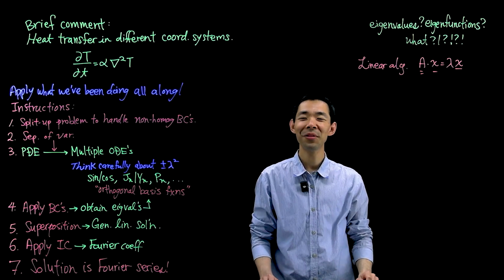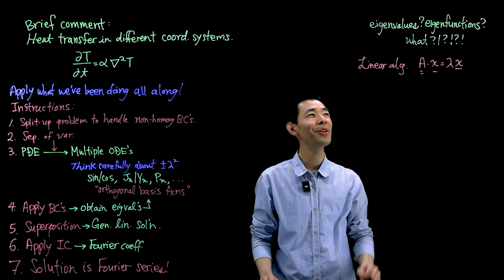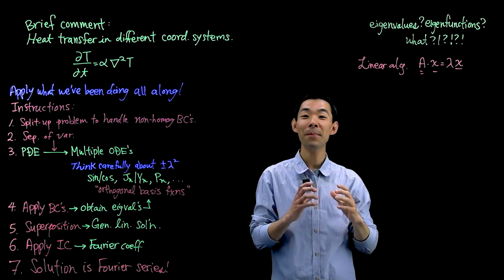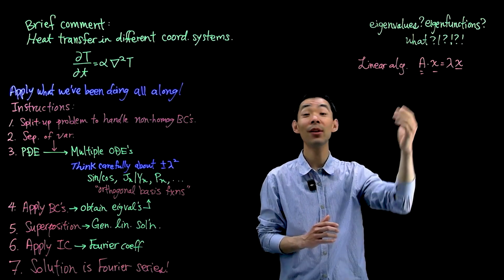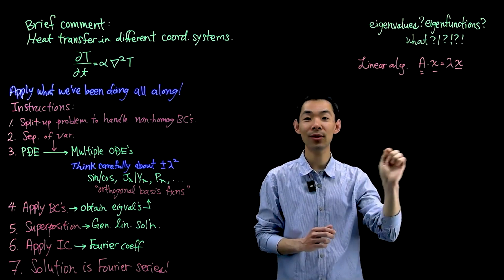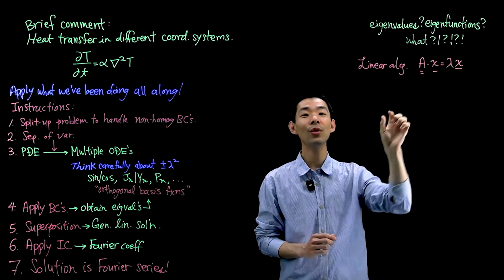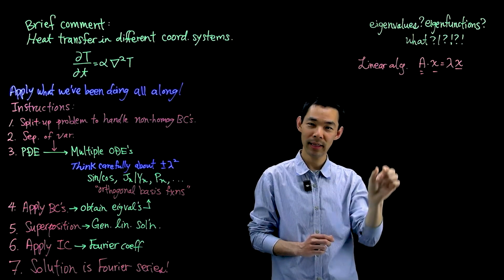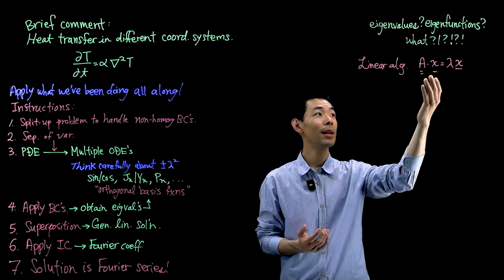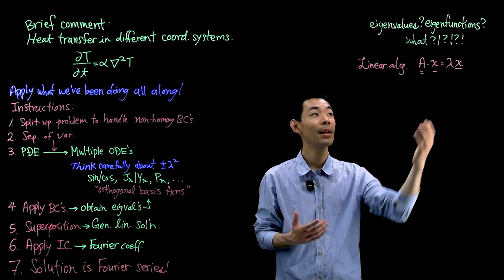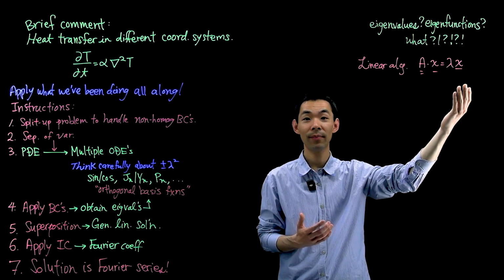So, in your linear algebra class, you probably learned a form that looks something like this. You have some matrix A. I'm denoting my matrix with 2 lines underneath because it's a 2D matrix, dotted into a vector, just a 1D matrix or a vector, is equal to some scalar quantity, lambda, times the vector itself.